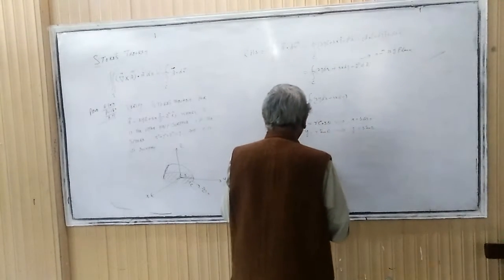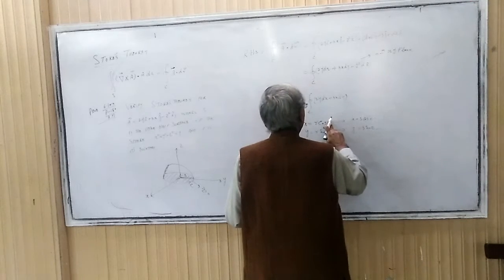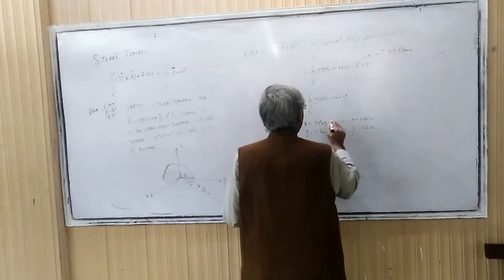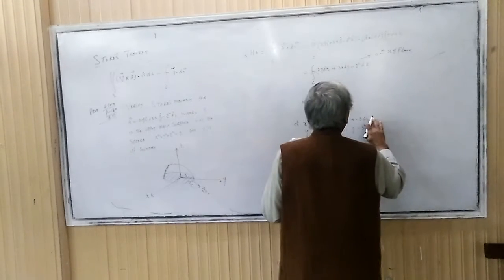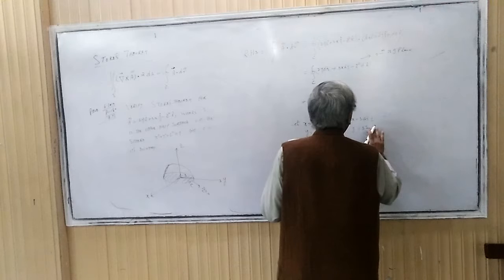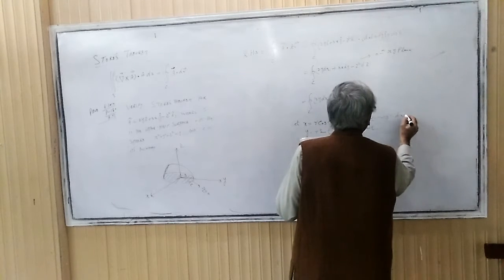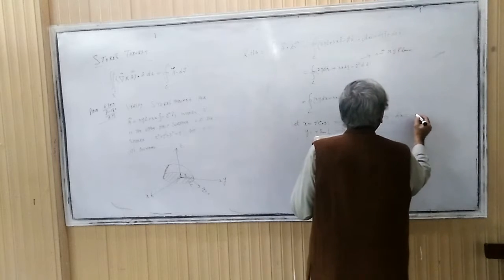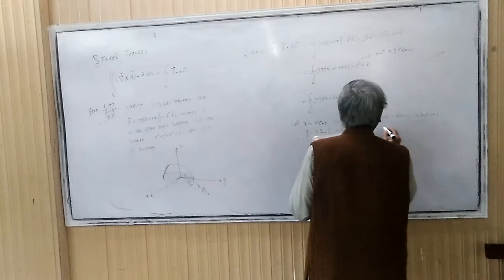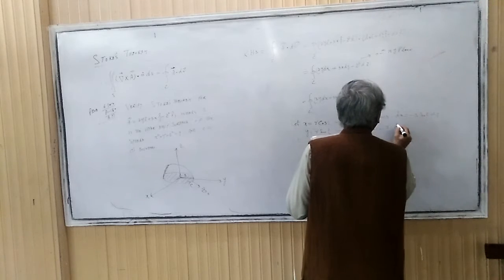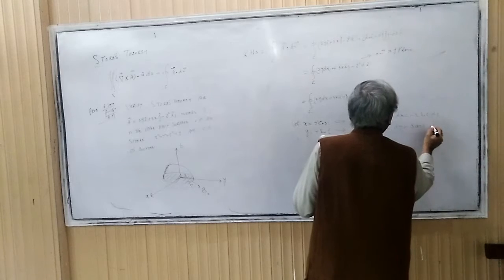Instead of theta, you can also write t: cosine t, sine t. So that is simple. Therefore dx is equal to minus 3 sine t dt, I have differentiated it, and dy is equal to 3 cosine t dt.